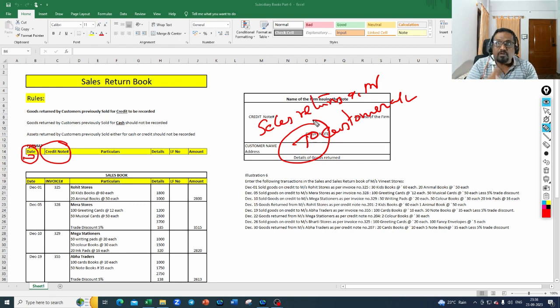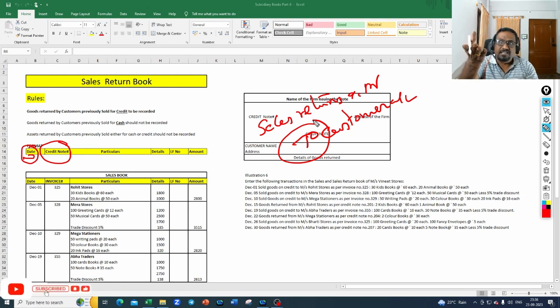The credit note document says, Mr. Customer, you returned goods to me. I am acknowledging that I received your goods and I also credited your account in my books. That accounting treatment I have done.